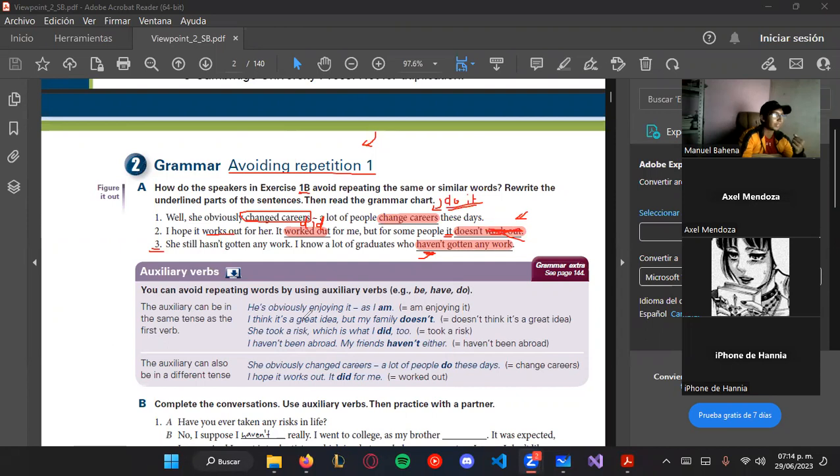Okay. Perfect. So, how would you do it? First I read, no? Yes, first you read. She still hasn't gotten any work. I know a lot of graduates who haven't gotten any work. So, how would you change this one?